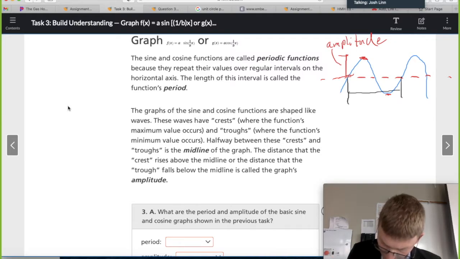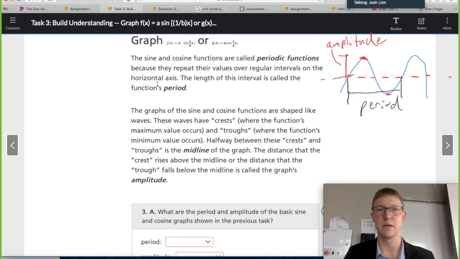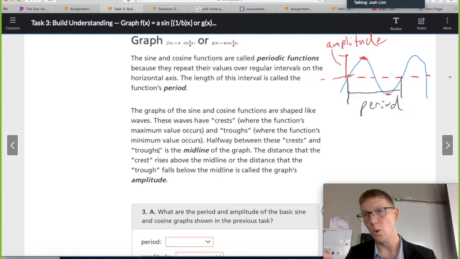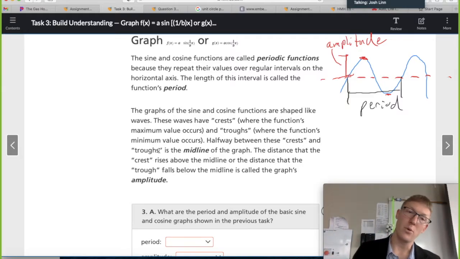So that part is going to be the period. So notice how that's when the whole graph repeats itself. Aren't you guys jealous of my handwriting? So the two things you've got to remember here are the period and the amplitude and what they mean. Because that is what we're going to then use to either graph the function or write an equation of the function.